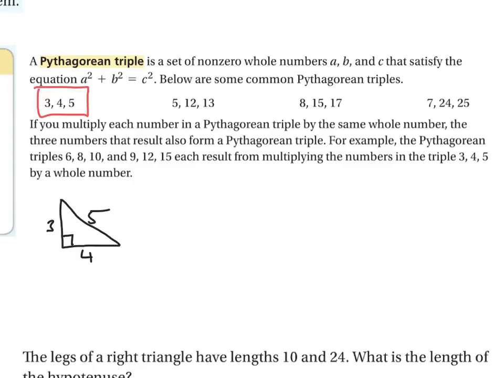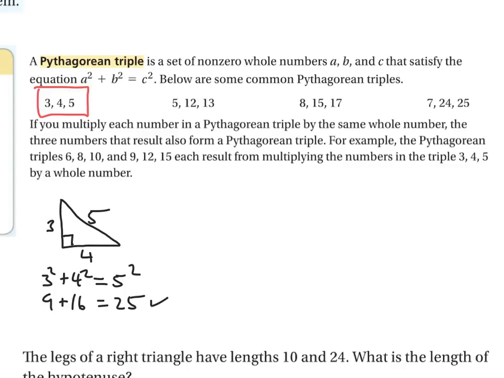And we can prove that to ourselves by plugging it into the Pythagorean theorem. 3 squared plus 4 squared is supposed to equal 5 squared. 3 squared is 9. 4 squared is 16, 5 squared is 25. And sure enough, 9 plus 16 does equal 25. Okay? So that's what these Pythagorean triples are. They're three numbers that work in the Pythagorean theorem.